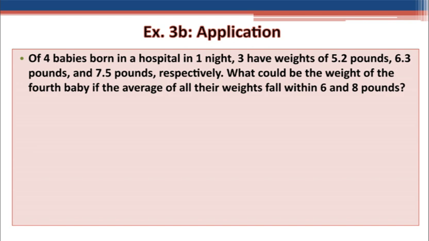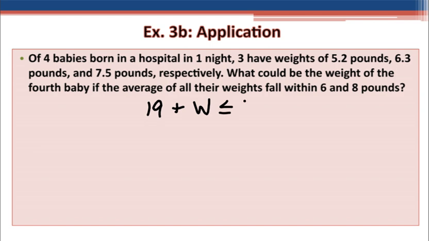So we're going to have 5.2 plus 6.3 plus 7.5. That adds up to 19. So 3 of the babies' total weight is 19 pounds, plus we'll do w for the 4th baby, and it has to be between 6 and 8 pounds.